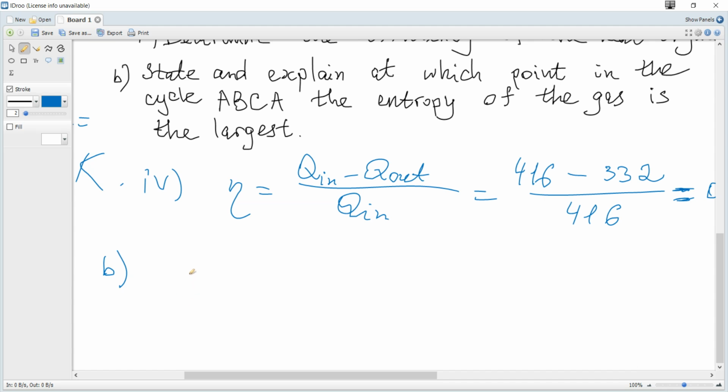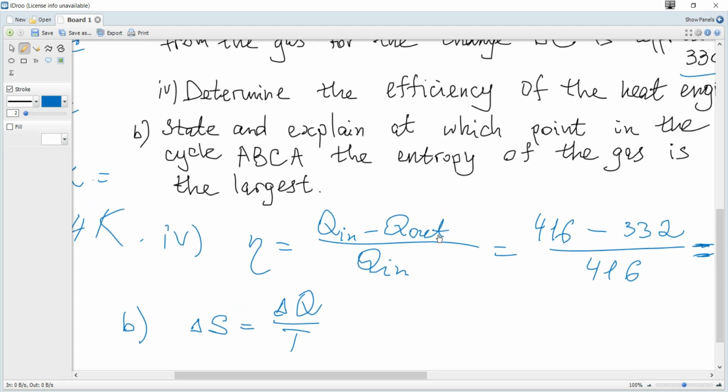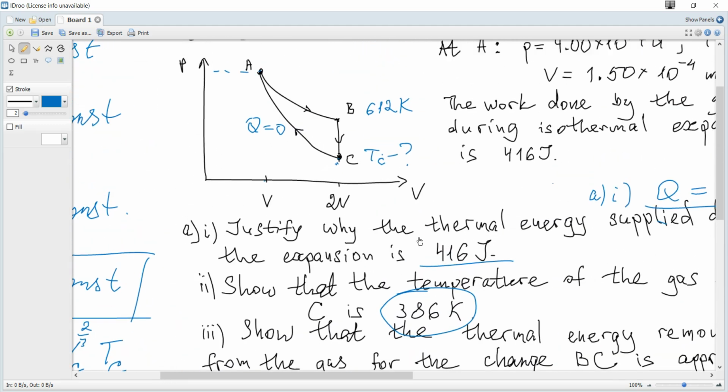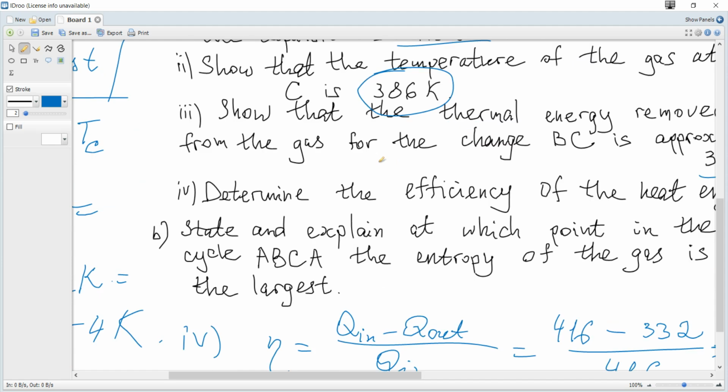Or we can use the formula that change in entropy is delta Q divided by T. We can solve it in the following way. Let's draw it again.